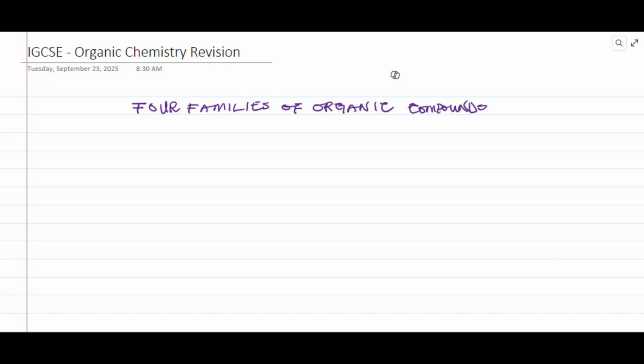In this revision class, we are going to look at four families of organic compounds. Organic compounds have more than four families, but for IGCSE requirements, we'll just look at four of them. Those four families are the alkanes, the alkenes, the alcohols, and the carboxylic acids. These are the four main families we are going to look at.